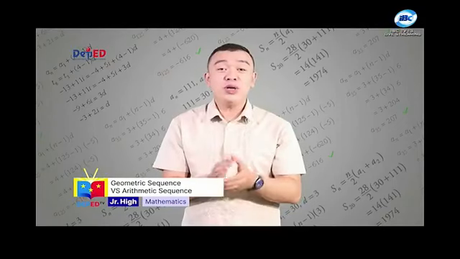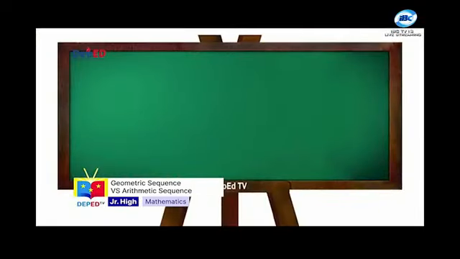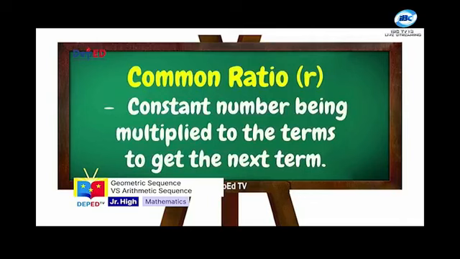The constant number being multiplied to the terms to get the next term is referred to as the common ratio, represented by the letter r. Again, the constant number being multiplied to the terms to get the next term is referred to as the common ratio, represented with the letter r.